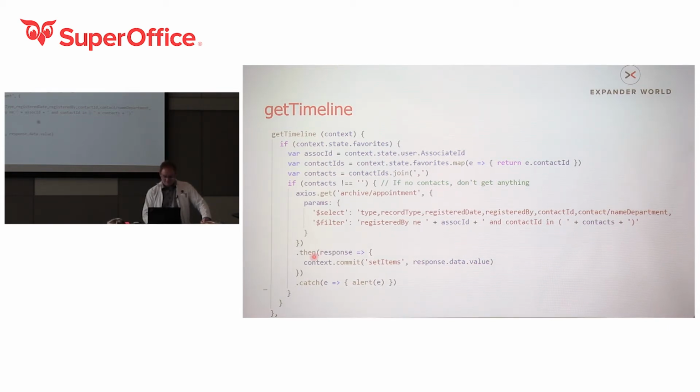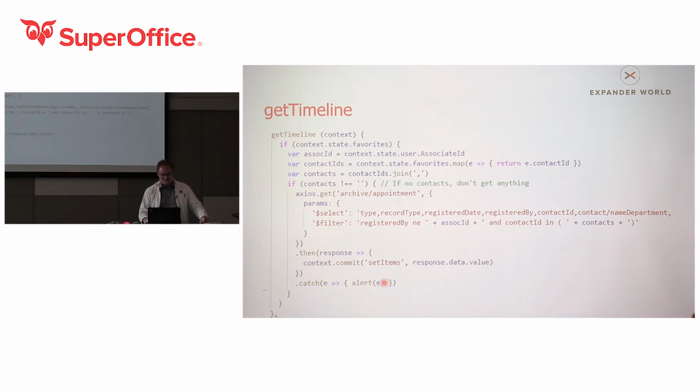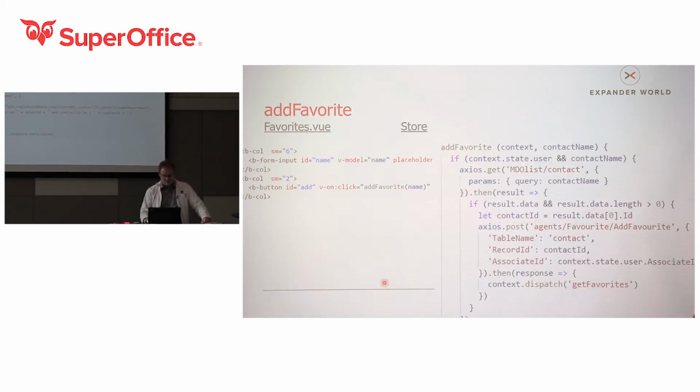And then once that request finishes, store the values, call the set items function that we defined. So it's very nicely decomposed. Each function does very few things.